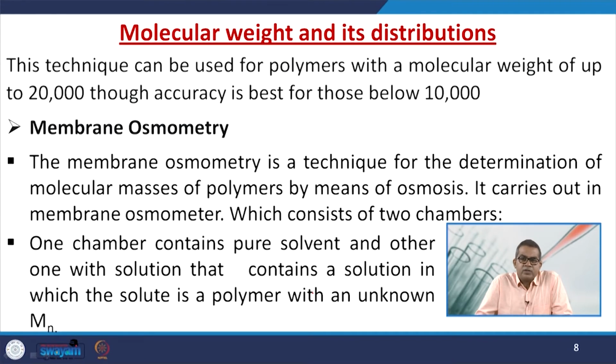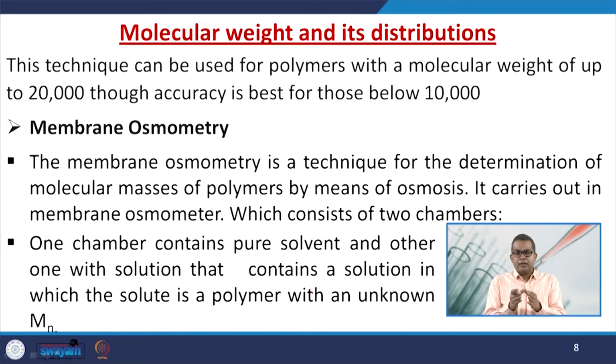The next approach for determination is membrane osmometry. This is a technique for the determination of molecular masses of polymers by means of membrane osmosis. It is carried out in a membrane osmometer, which usually consists of two chambers. One chamber contains the pure solvent and the other contains the solution, and there is a barrier in between, the semi-permeable membrane. The solution chamber contains the polymer with an unknown number average molecular weight.